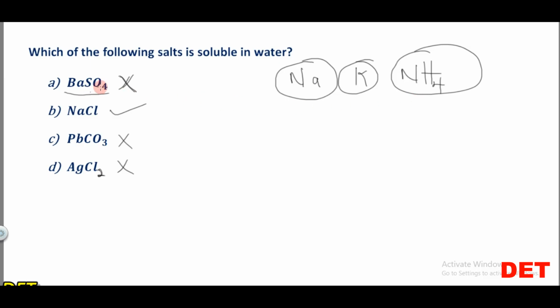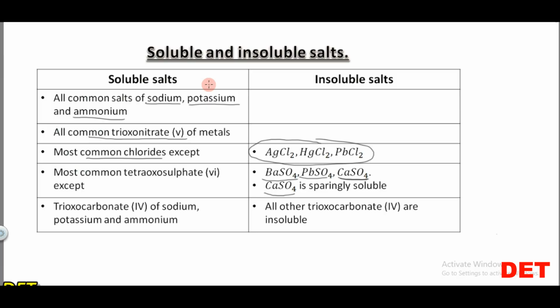So you should note that barium sulfate is insoluble in water. And that is the point we've just established here, that most common sulfates are soluble in water except barium sulfate, lead sulfate, and calcium sulfate. These are insoluble in water.